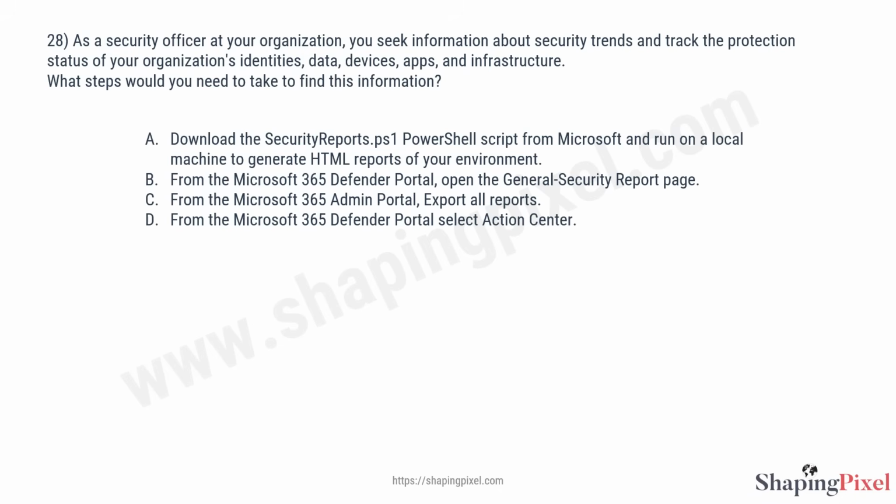Option D, from the Microsoft 365 Defender portal, select Action Center. So the right answer here is option B, from the Microsoft 365 Defender portal, open the General Security Report page.